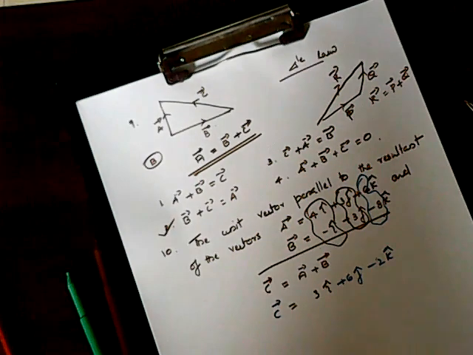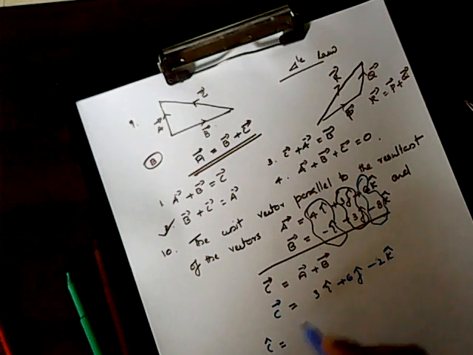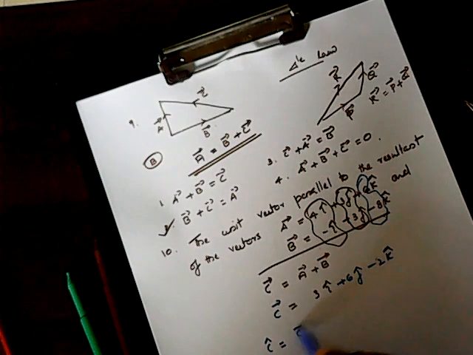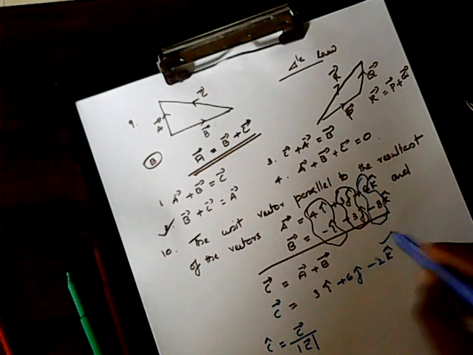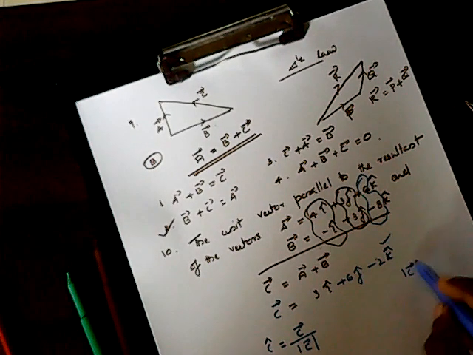Our aim is to find the unit vector parallel to C. Parallel means the same direction, so C cap we need to find. C cap is vector C divided by modulus of C. Vector C is okay, so we need to find the modulus.